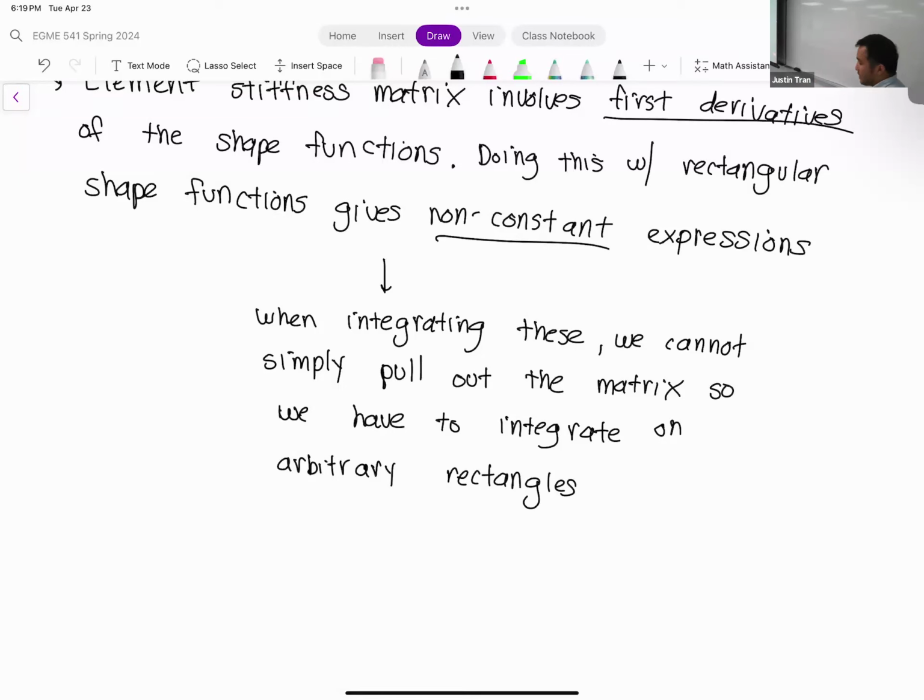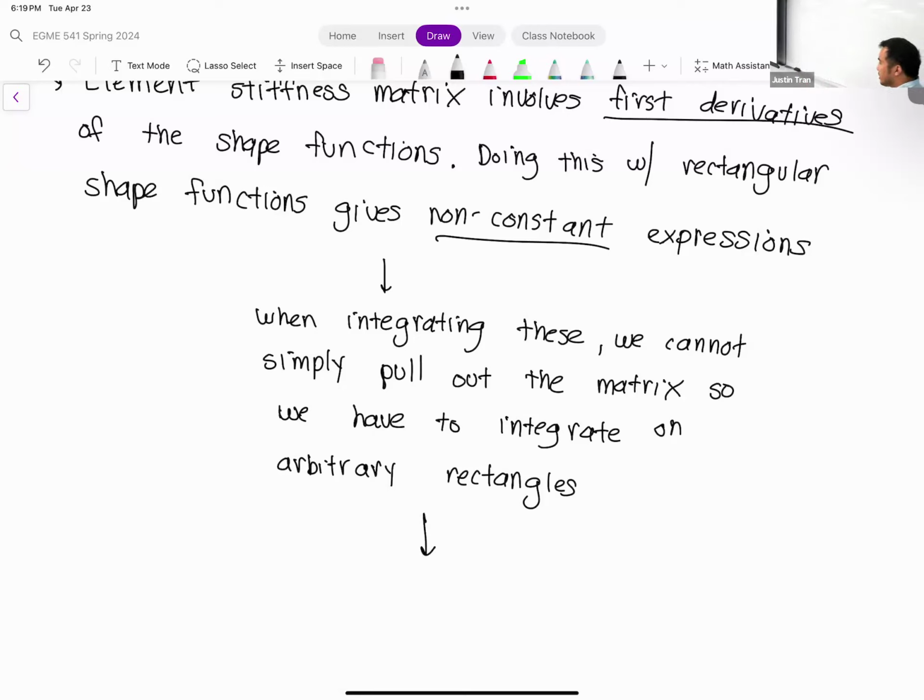That's an issue because that's just hard. It's not impossible, but think about doing this hundreds, thousands, millions of times for a given mesh. That becomes pretty difficult, especially if you have to reformulate your integral based on the shape. So we're at a bit of an impasse.